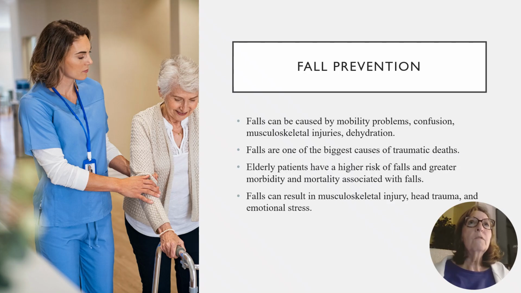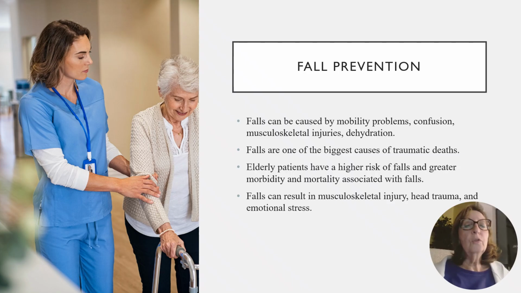We know that falls are one of the biggest reasons for traumatic deaths in older patients. Once a patient gets older, if they do have a fall, they are at higher risk for another fall, and it will increase their morbidity and mortality because they've had previous falls.